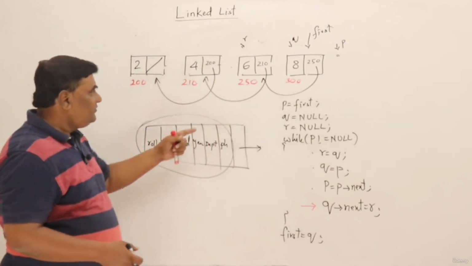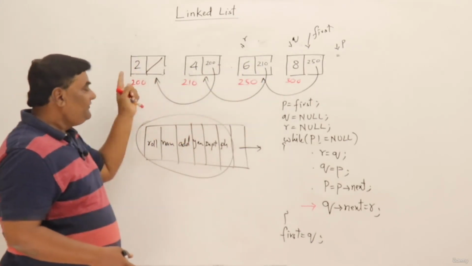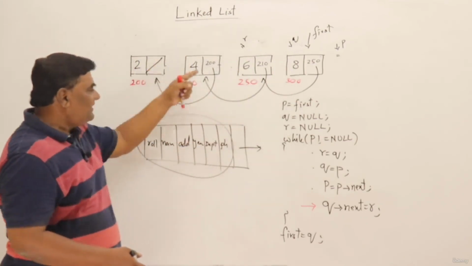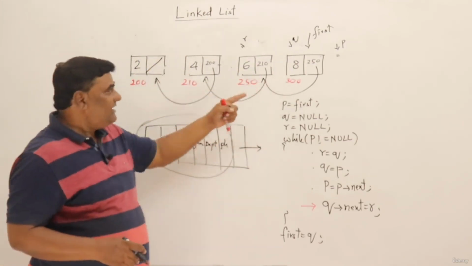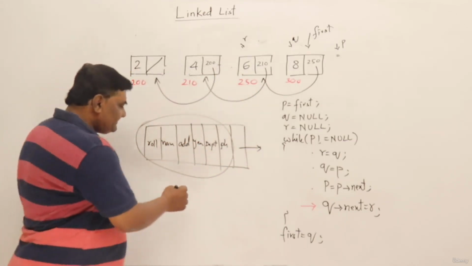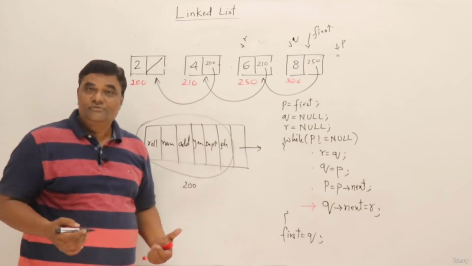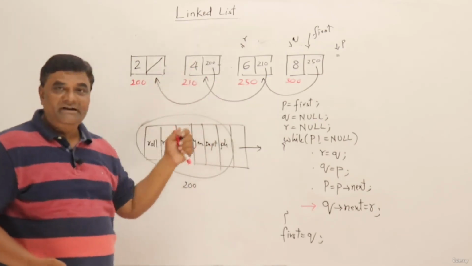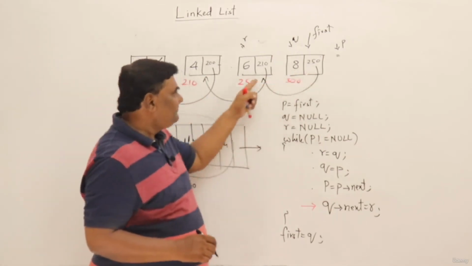Now if you say I want to bring that data here and copy, or swap this data, then a lot of contents have to be swapped. In our example, that is 2-byte integers. But here, suppose the size of this record is 200 bytes. Then you will be copying 200 bytes. So what is preferable? Copying just links, changing the pointers.